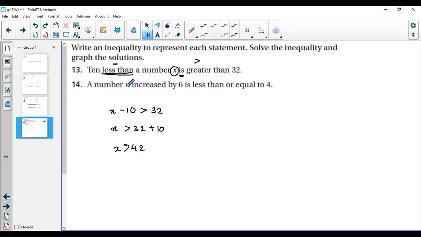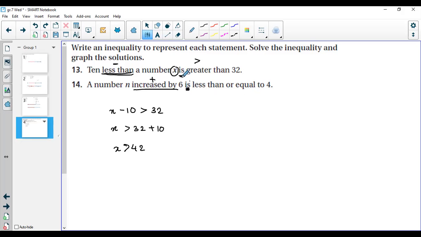A number n increased by. Now, what does this word increased by mean? Plus. Now, as I told you, "is" acts like a separation between the two sides of the inequality. So if there is "is", this part is going to be one side of the inequality and this is going to be the other side.